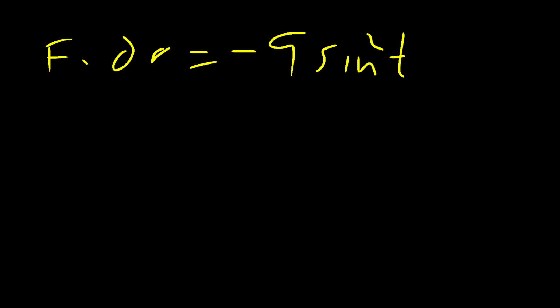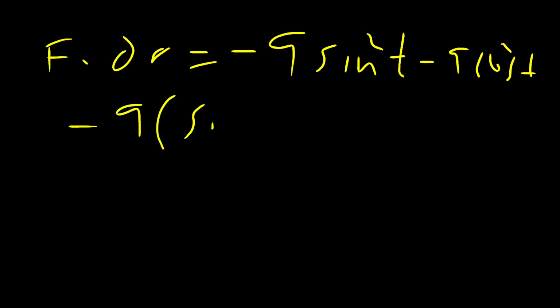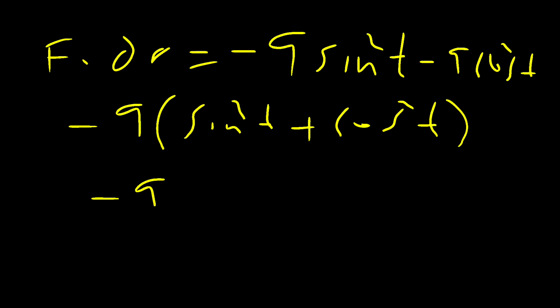You get minus 9 sin squared t minus 9 cos squared t. If you factor out 9, this is sin squared t plus cos squared t, which is an identity equal to 1, and therefore we are getting minus 9. So F dot dr is actually minus 9.